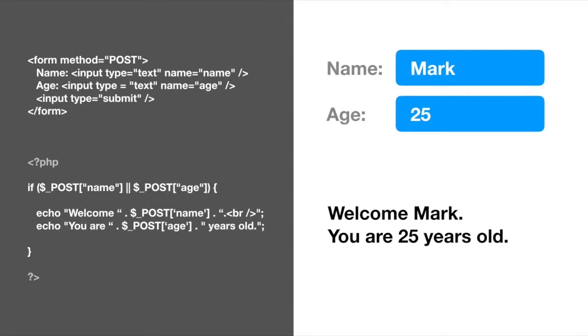Then the two pipes there are the OR condition. So I'm saying if I have data for post name or post age, that's my condition, then do this. Do you know why I put a condition there?